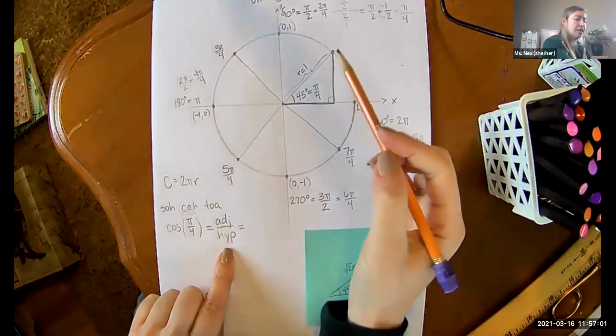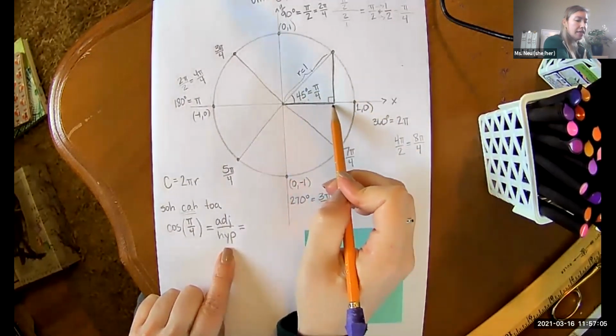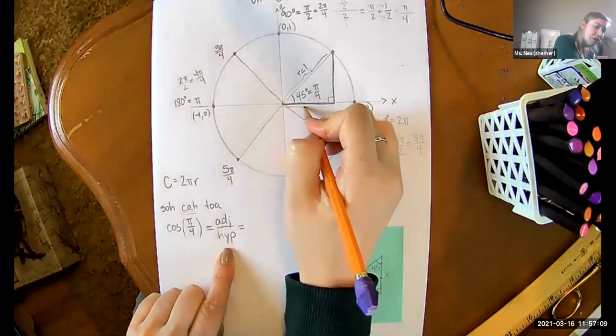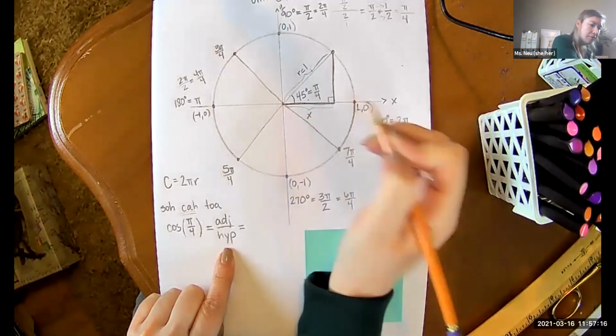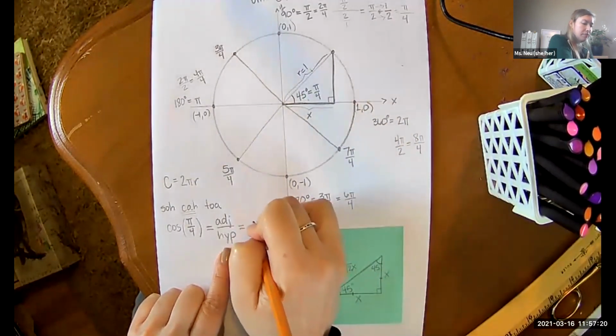My adjacent side from where my angle is, is this side down here, this bottom side. This side represents how far over my point is in the x direction. So I'm going to use x for my adjacent side.